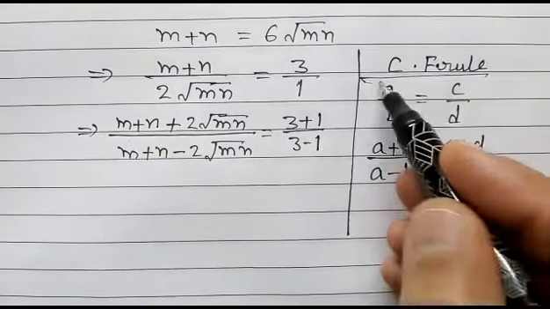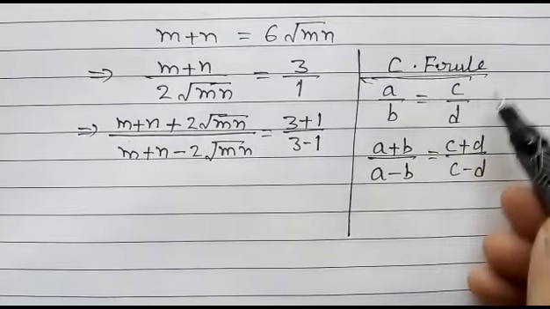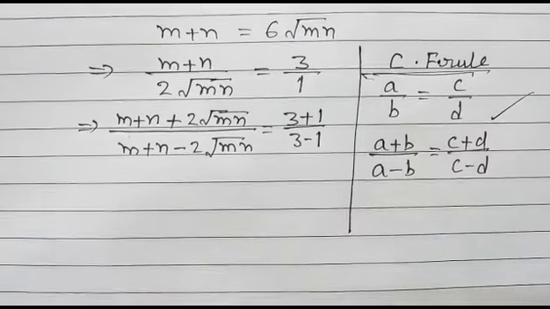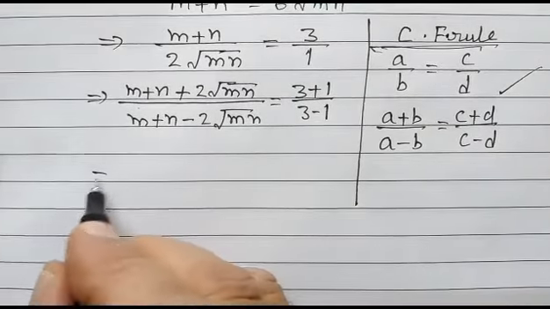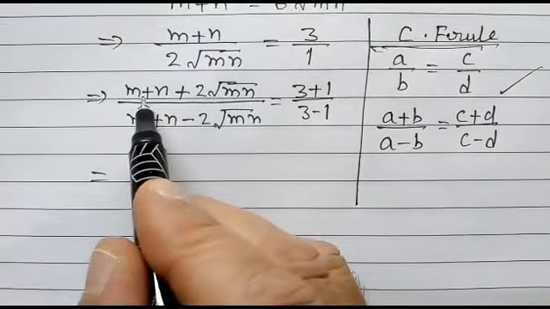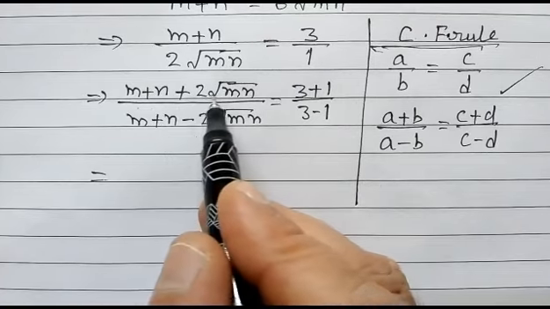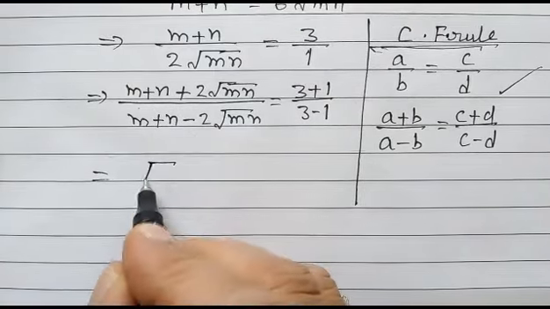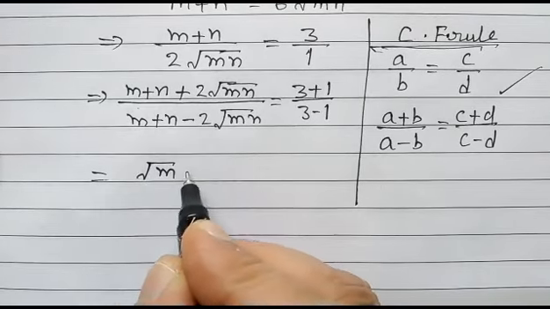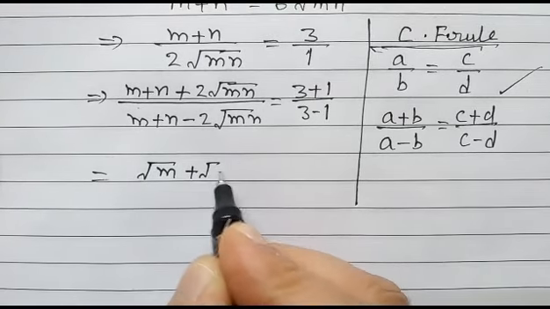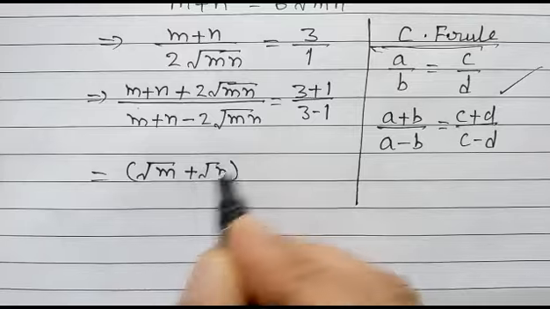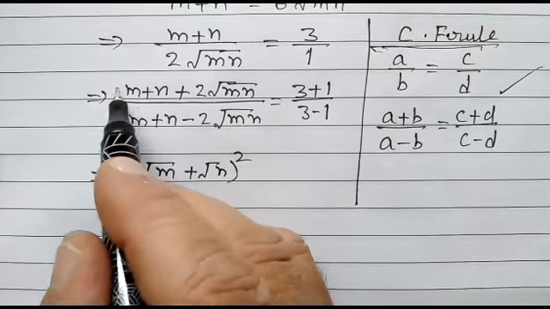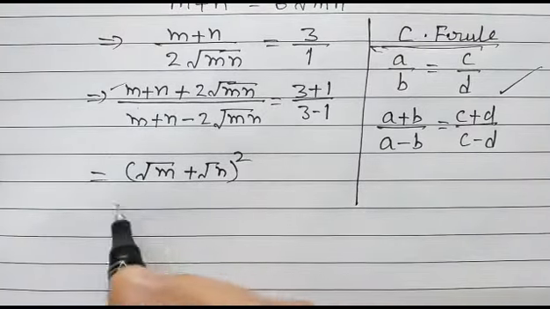Here we used the componendo and dividendo rule. So this m plus n plus 2 square root of mn is the expression of (root m plus root n) whole square. If we express this, we get this form.